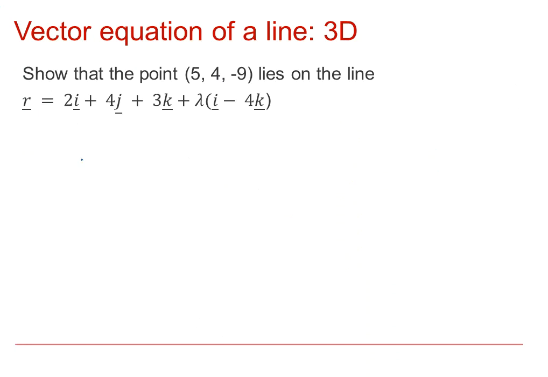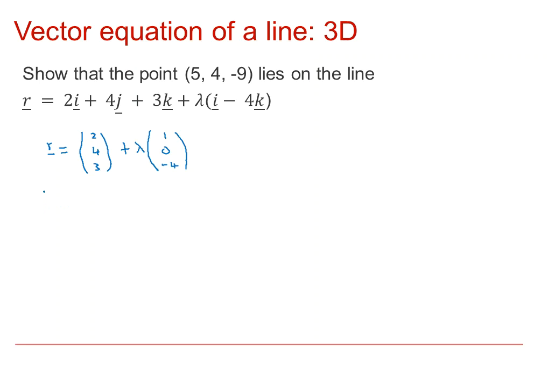So in this problem we want to show that the point (5, 4, -9) lies on the given vector line. The first thing I would do would be to write this vector line again using column vectors. So that's 2 in the i direction, 4 in the j direction, 3 in the k direction, plus a nice clear parameter lambda, and then 1 in the i direction, nothing in the j direction, -4 in the k direction.